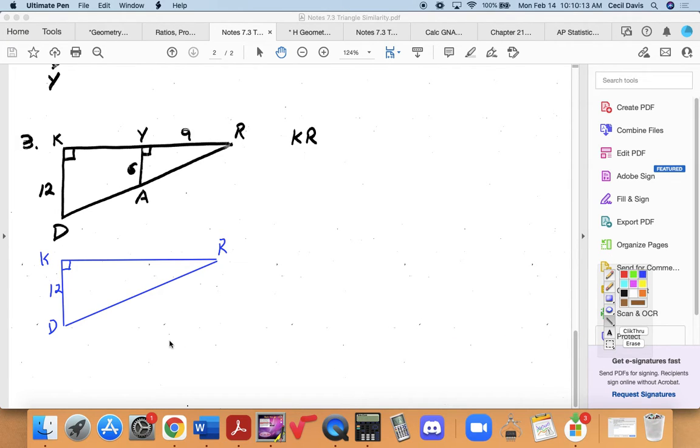And then I have the little triangle that also has a right angle, and I know this side is 6 and this side is 9.